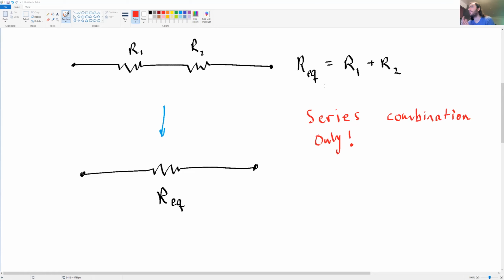All right, so the bottom formula for 3 is something like R. Yeah, it's a pretty nasty formula, so you don't want to use it. Yes, exactly. You can just do the reciprocals, or you can apply the product over sum formula twice for 3 resistors, and sometimes that's pretty quick.